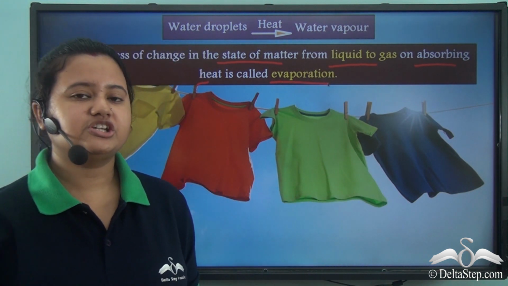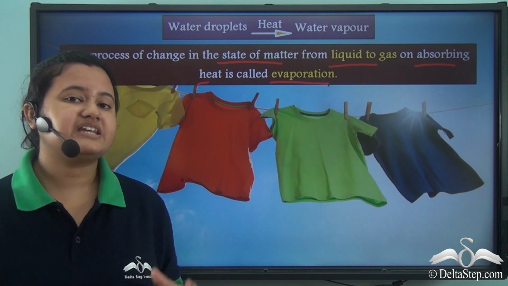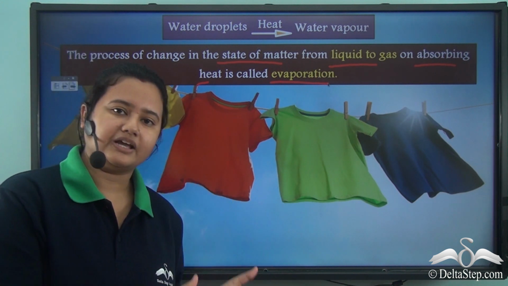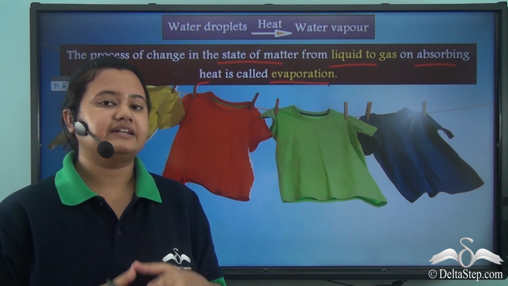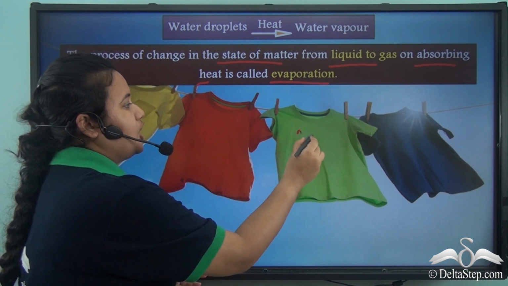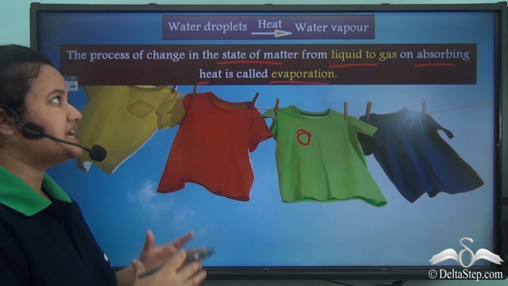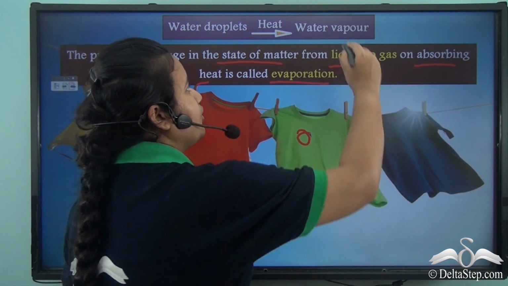So evaporation is the process of conversion in the state of matter from liquid to gas, and this is the reason why the water droplets present on the surface of the clothes absorb heat and convert into water vapor.